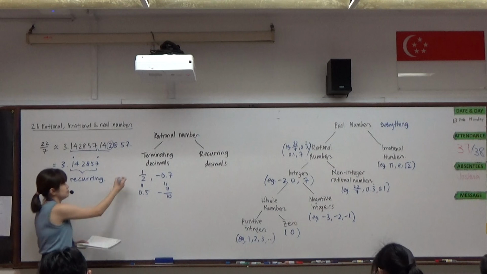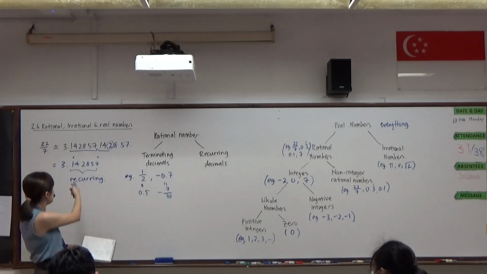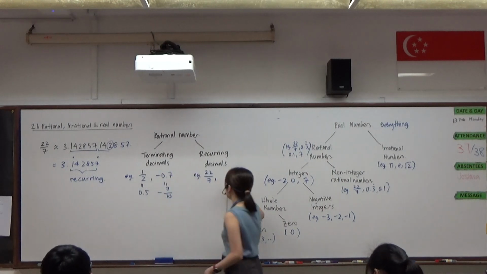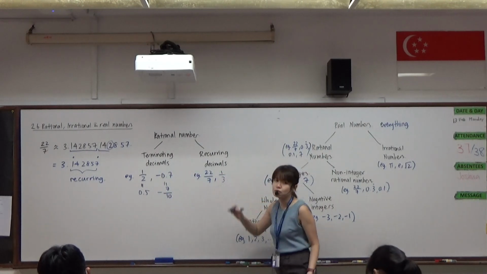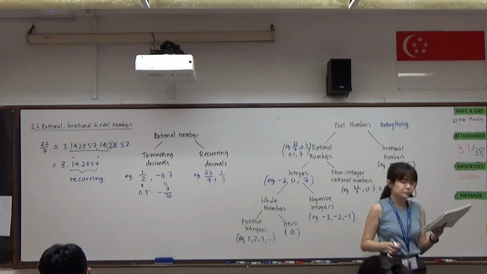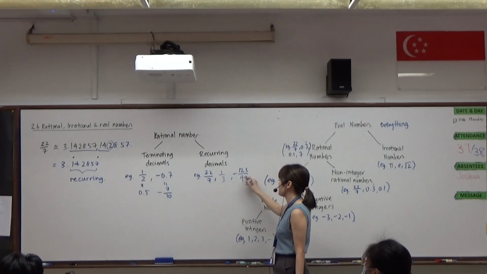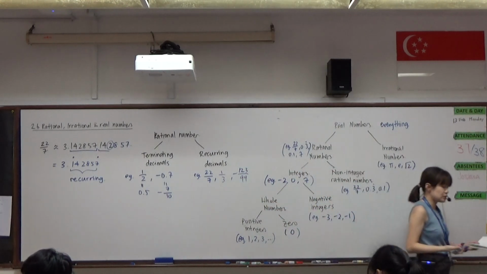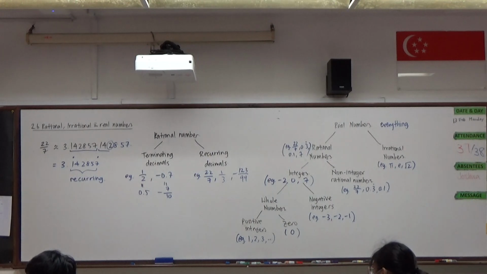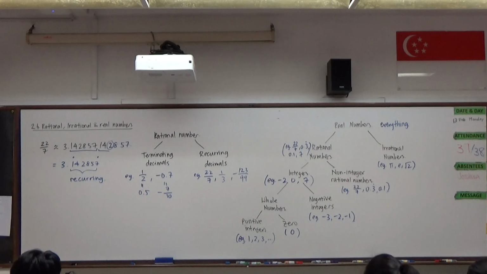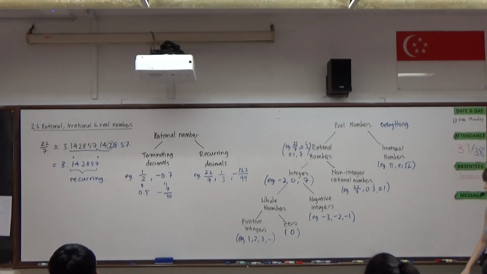Recurring decimals, as mentioned, we have 22/7, and 1/3 is also a recurring decimal. Or maybe numbers like 123/9. You notice that the numbers just keep running on. Questions? So irrational numbers themselves are always non-terminating and non-recurring.